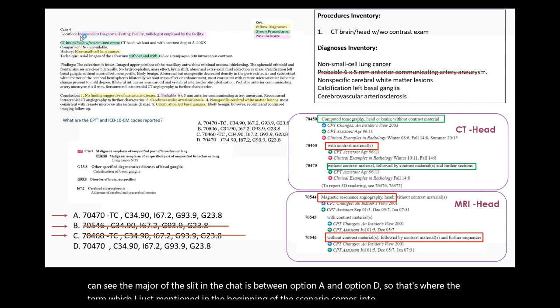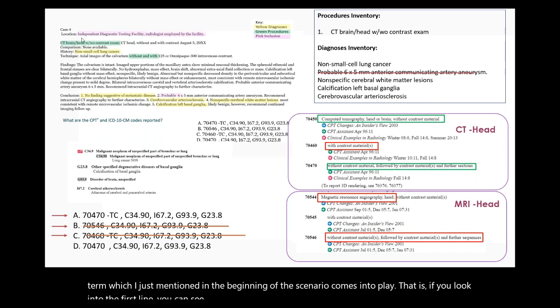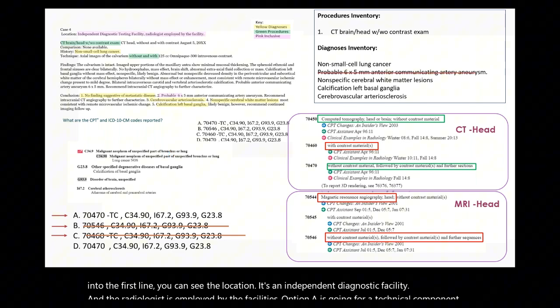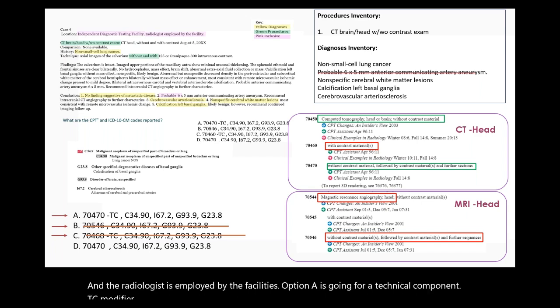If you look into the first line, you can see the location. It's an independent diagnostic facility, and the radiologist is employed by the facility. So option A is coding with a technical component modifier, TC, and option D does not have any modifier. That means it's a global procedure.